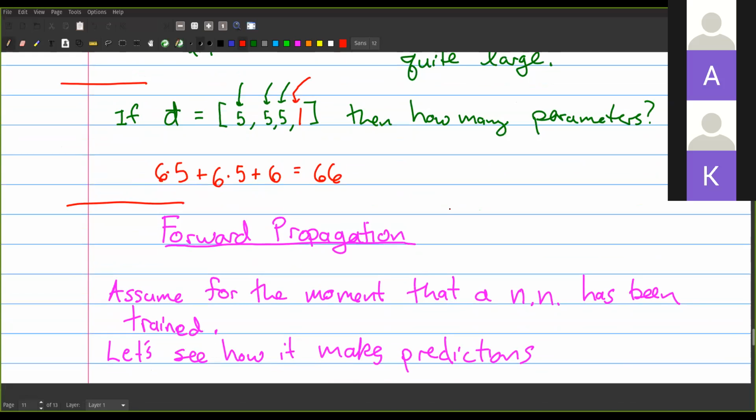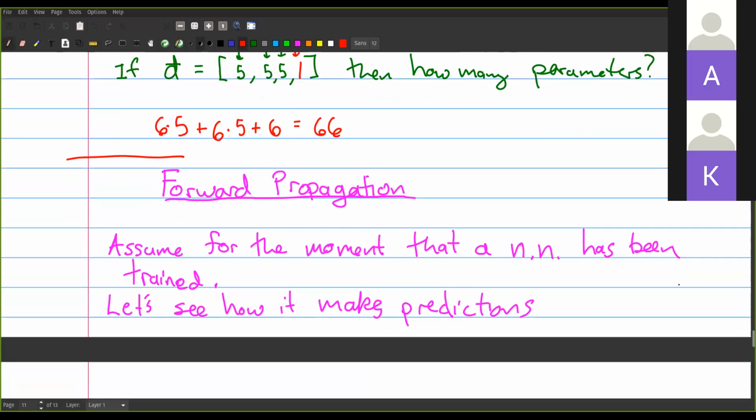So the neural network is sort of like the dot product that we've been doing for a long time with the linear models. Of course, it's more complicated because it goes layer by layer and it has lots more weights. But it goes in two directions.